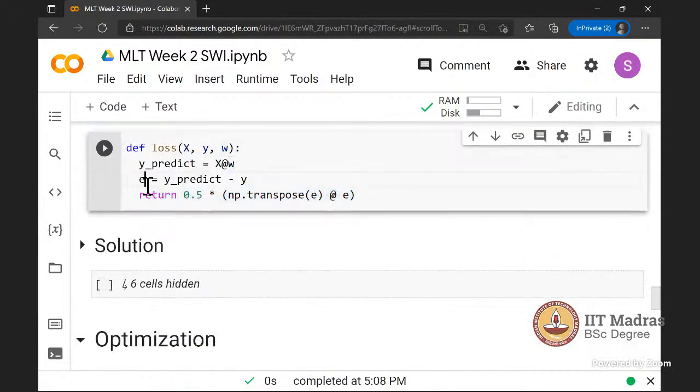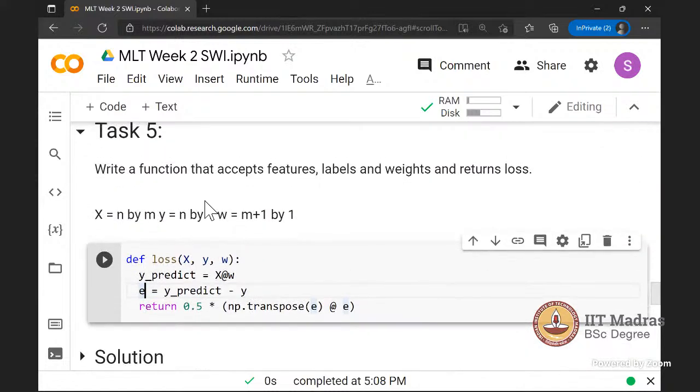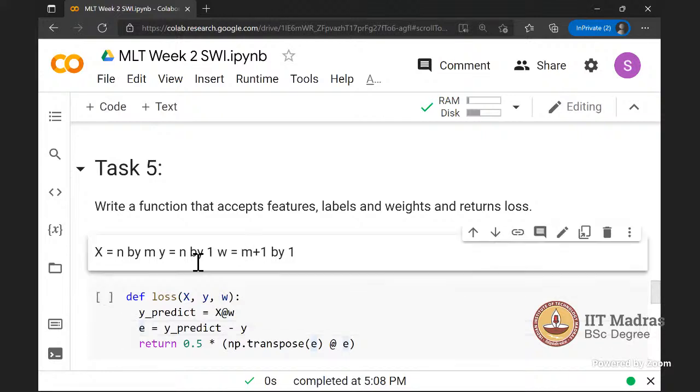And to my question, E is going to be a vector or scalar? It's a vector. I'm sorry, I said loss will be a scalar. My bad. It's all right. So to be consistent, there are two features, so there will be 3 weights, right? For two features, there will be 3 weights.